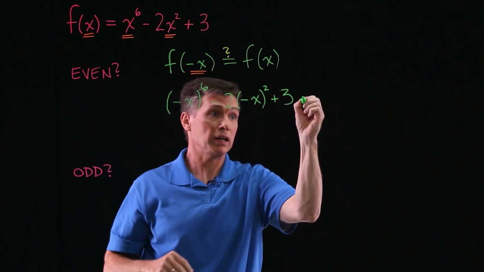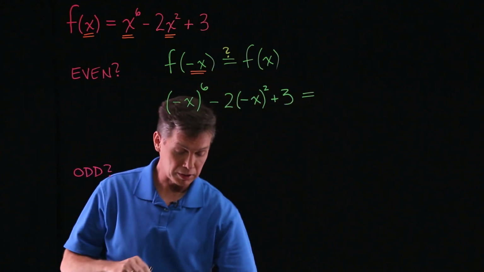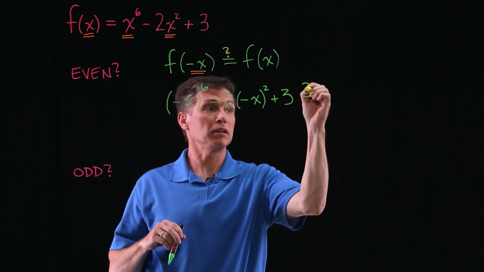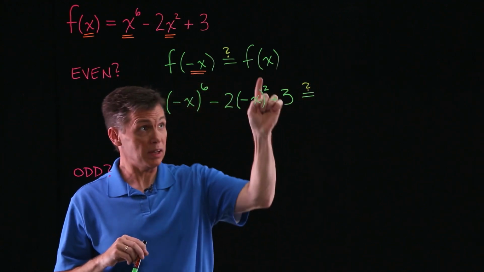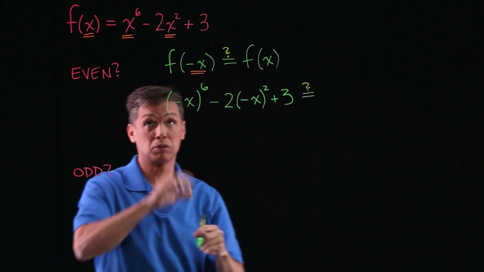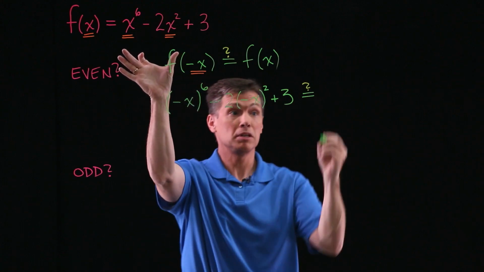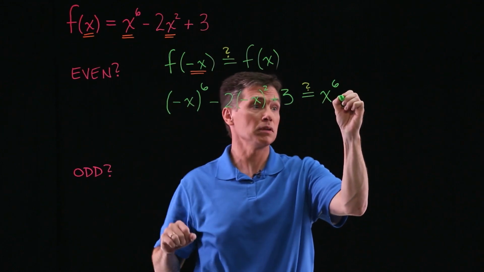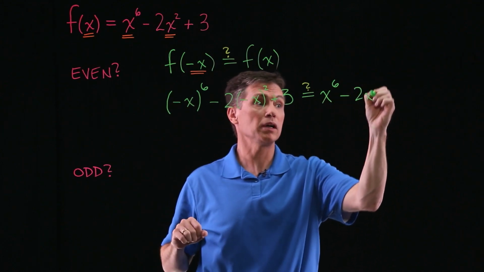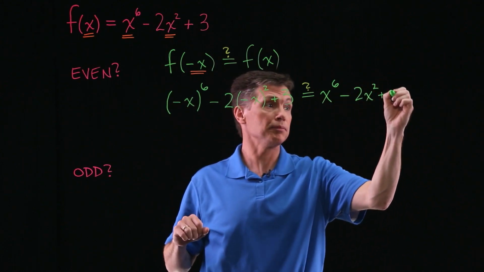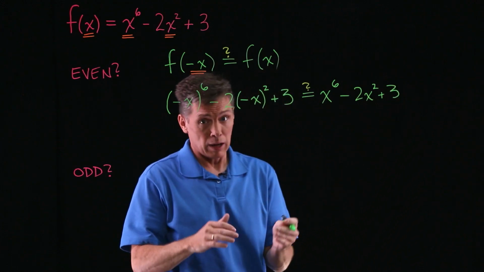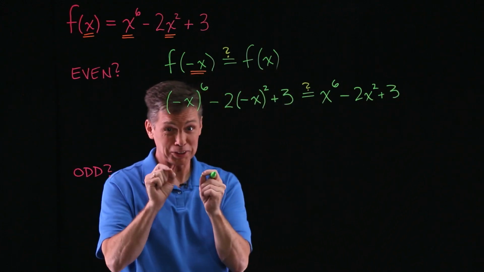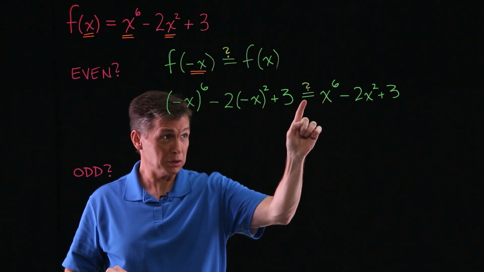The right-hand side, and I'm still asking this, but the right-hand side of this is f of x, the original. So I'm just going to go back to the original function and write it down as is. X to the 6th minus 2x squared plus 3. And now we'll do a little bit of algebra, and only a little bit of algebra, to answer this question.